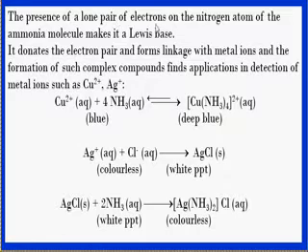So here nitrogen in ammonia acts as a Lewis base because it has lone pair of electrons, and these electrons can be donated to metal ions, and as a result it forms complexes with the metal ions.